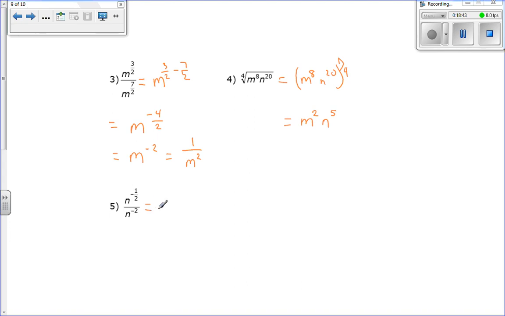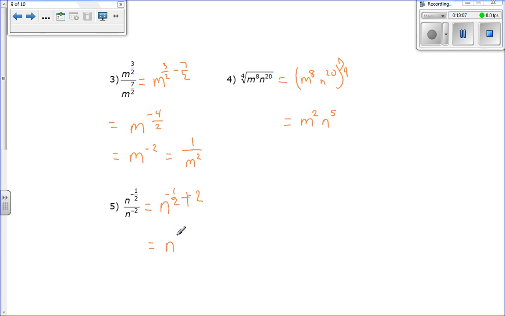Sorry about that. Alright. Still dividing. So my rules are still the same. I still subtract. n to the negative 1/2 minus a negative 2. Minus a negative makes it plus.